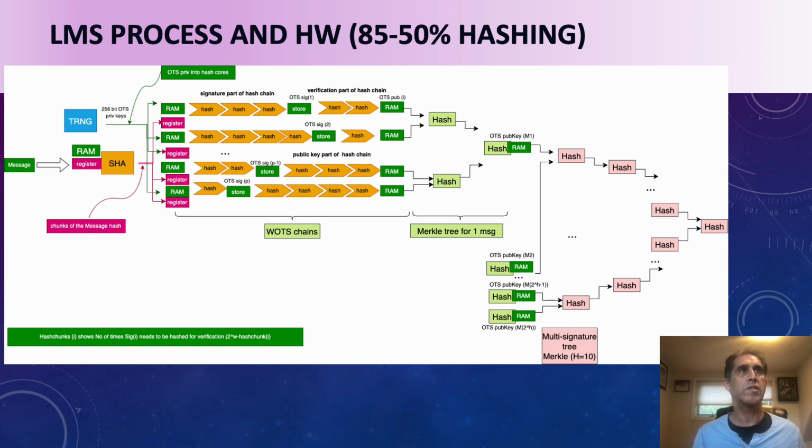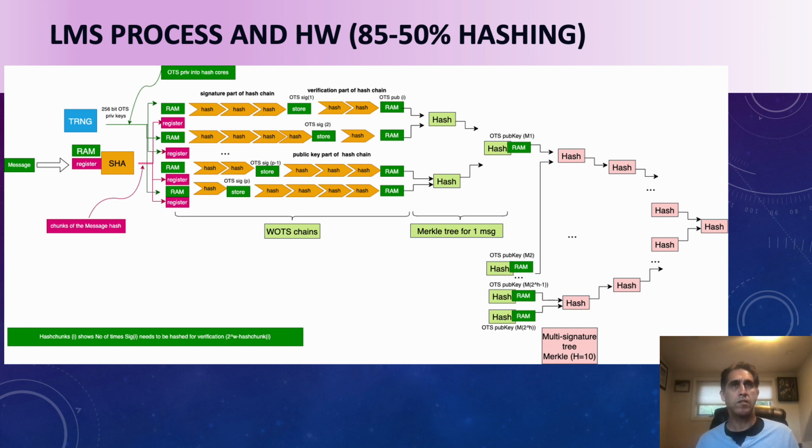You need to save this as the signature and pass it on when you want to say, I signed this message. Then on the verification side, you have to hash all the way to the end of that chain. You can store it in your RAM, and each one of these public keys is saved. Then you do hash, then hash. There are just a lot of hashes here.